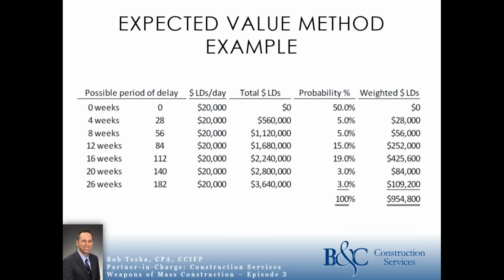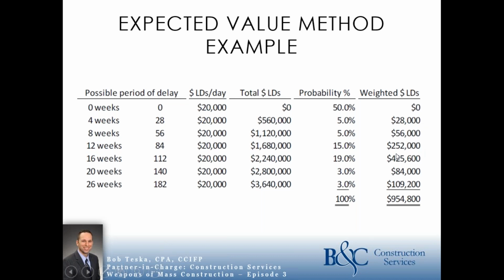And so this is the probability that I was talking about. So you can see that he says, I estimate that I'm going to have 0 weeks of liquidated damages, and the probability of that is 50%. 4 weeks of liquidated damages, I estimate that at 5%, and you can see the math here, $20,000 a day times 28 days is $560,000. 5% chance, that comes over to $28,000.